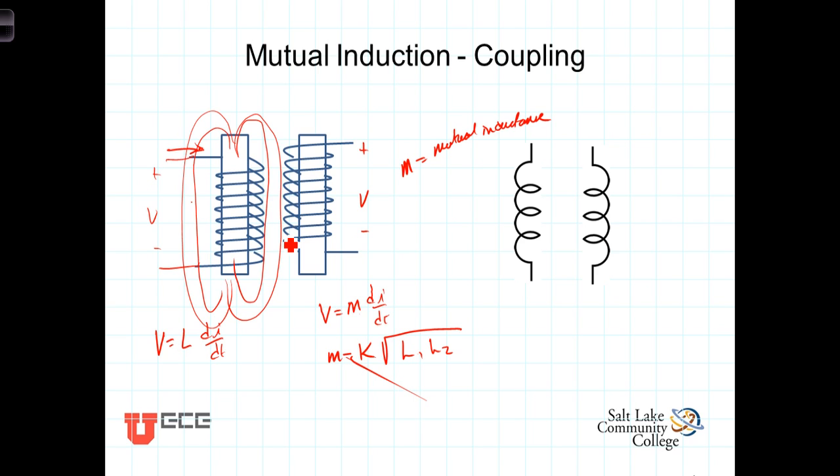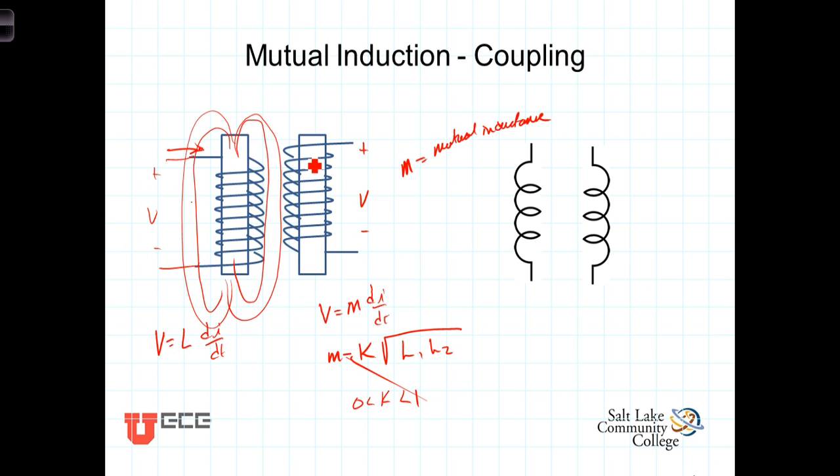This constant K is known as the coefficient of coupling, and it's a value that runs from 0 to 1, where a value of 0 means that there is no coupling between the two coils, and K equaling 1 means that there's perfect coupling. In other words, the entire magnetic field induced by the first coil is completely coupled by the second.